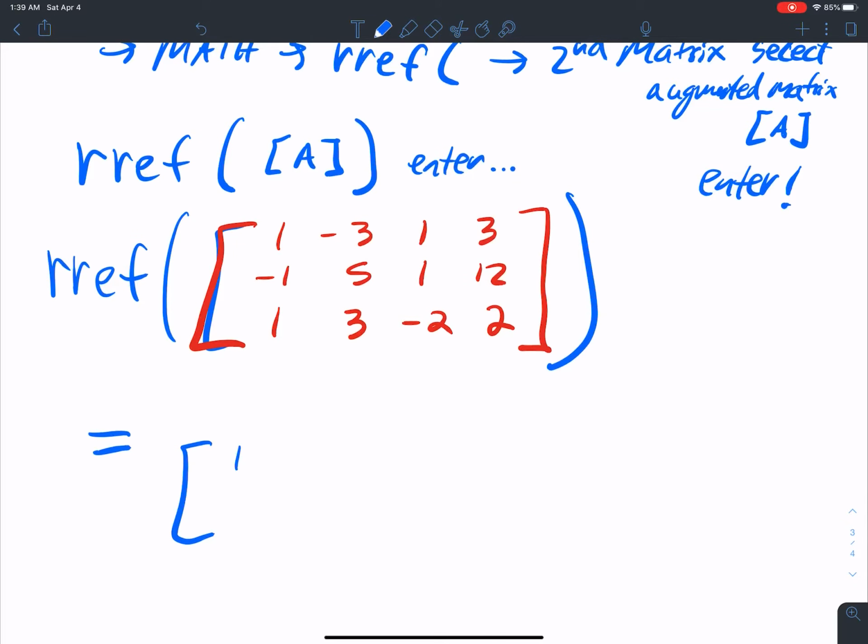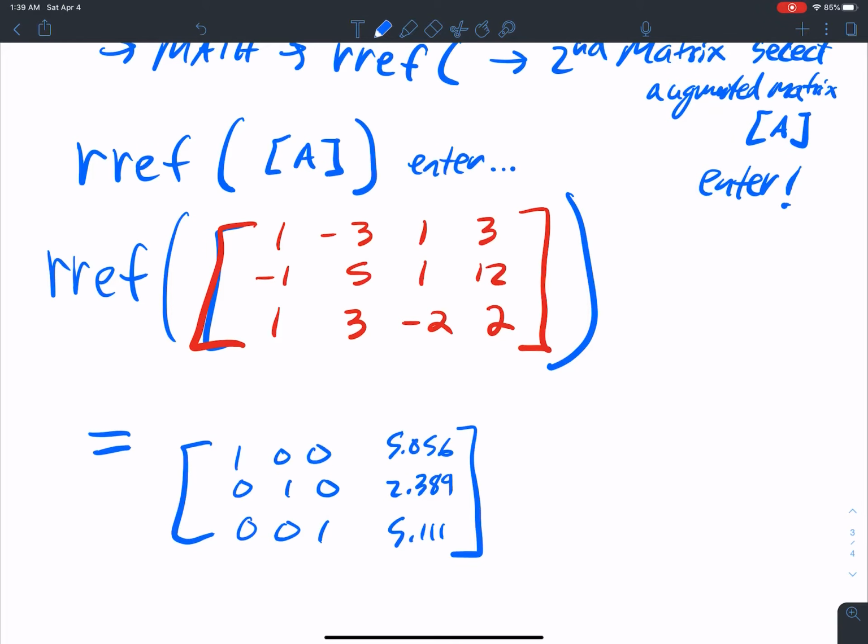It says 1, 0, 0, and then like 5.056. Then 0, 1, 0, 2.389, 0, 0, 1, 5.111. Okay, that's nasty. Those numbers are nasty.